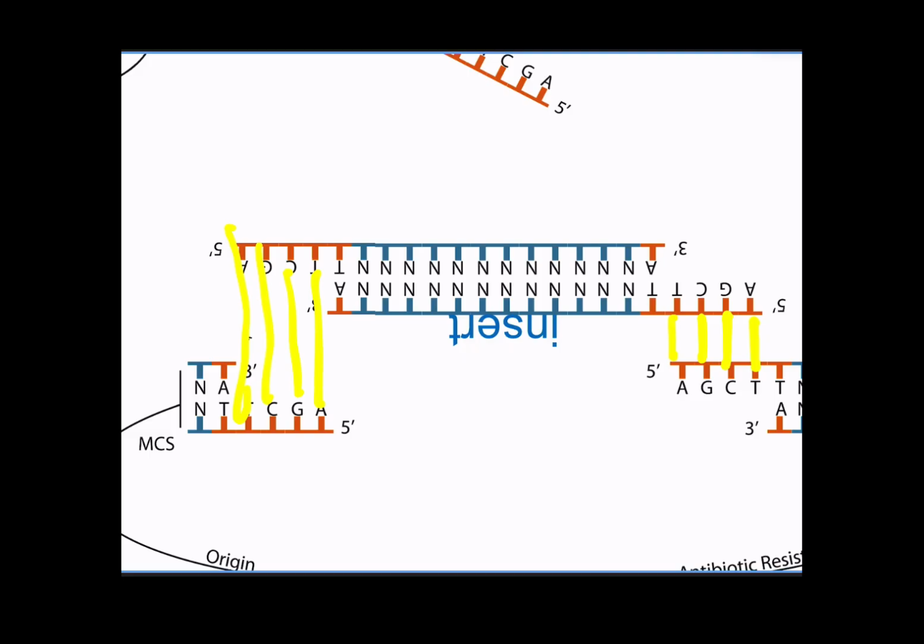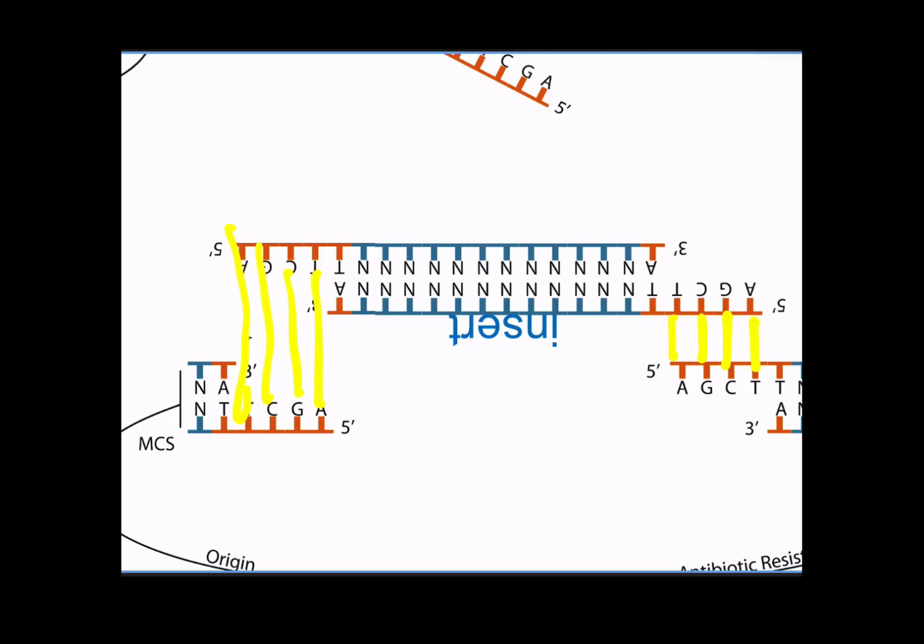For instance, if we want to express this gene in this insert in cells, we need the gene to go in the right direction. If not, the transcription machinery will read the gene backwards and will generate an RNA that is not going to have the sequence of letters that we need. Okay, we'll hang on to that thought. We'll revisit that concept next week.